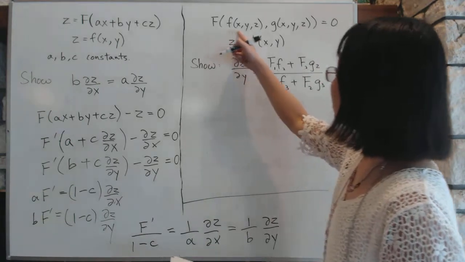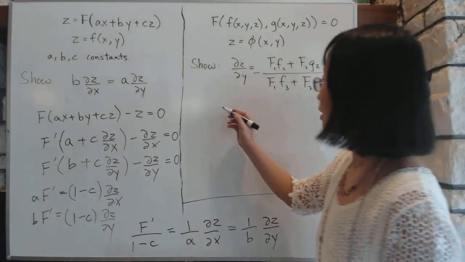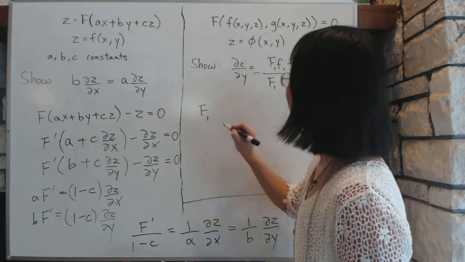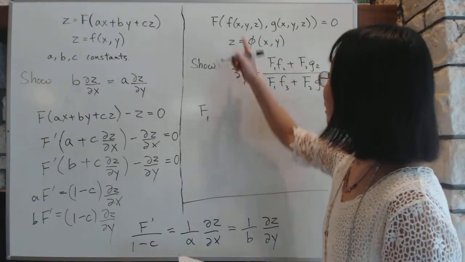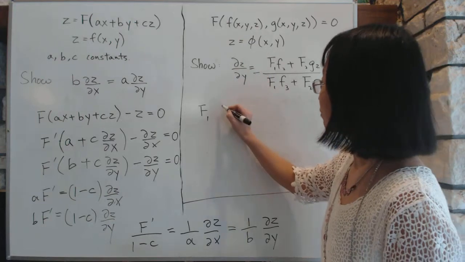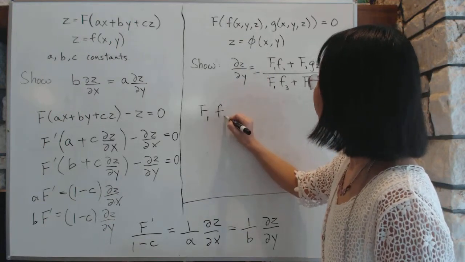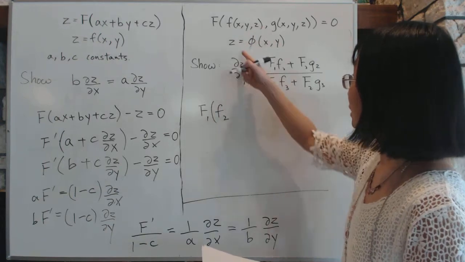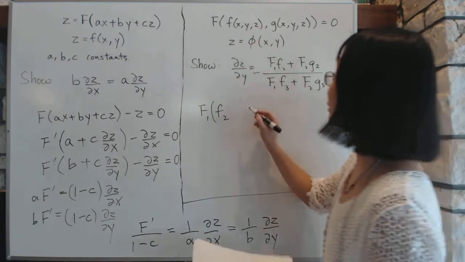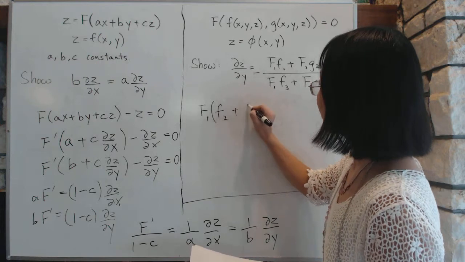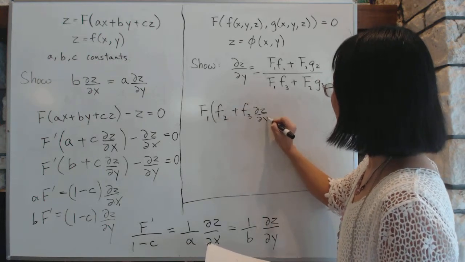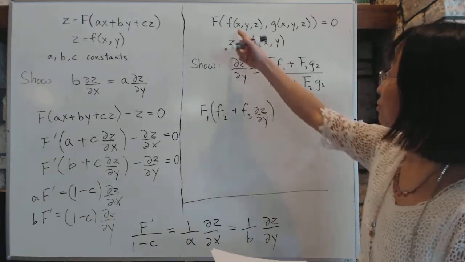To take the partial derivative of this thing with respect to y, we get first F1 times the small f with respect to y, which will be f2, and then there is c, it also has y in it, so we have to do c as well, plus F3 times partial c partial y. That's just the first side.